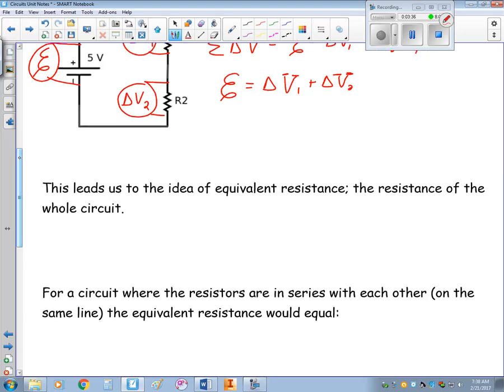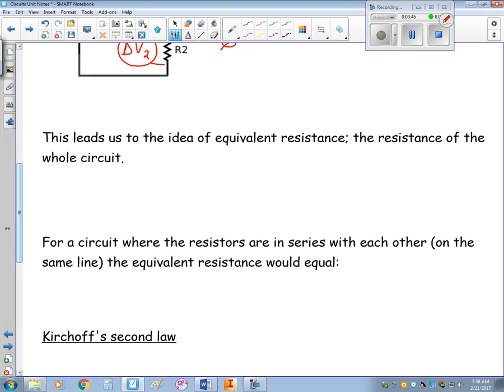This is also going to lead us to the idea of equivalent resistance. The equivalent resistance is the resistance of the whole circuit. So the EMF equals the total current times the equivalent resistance.